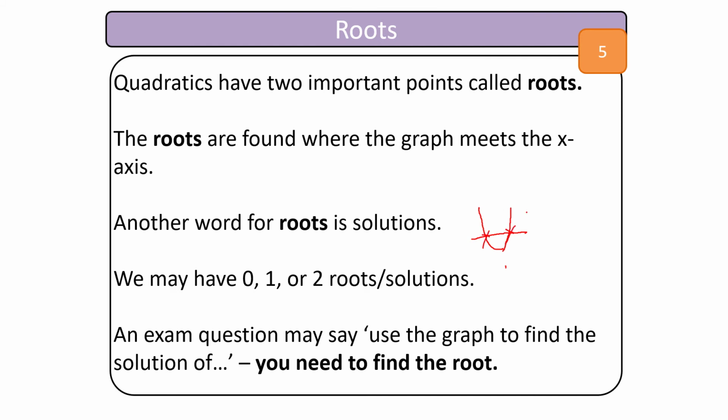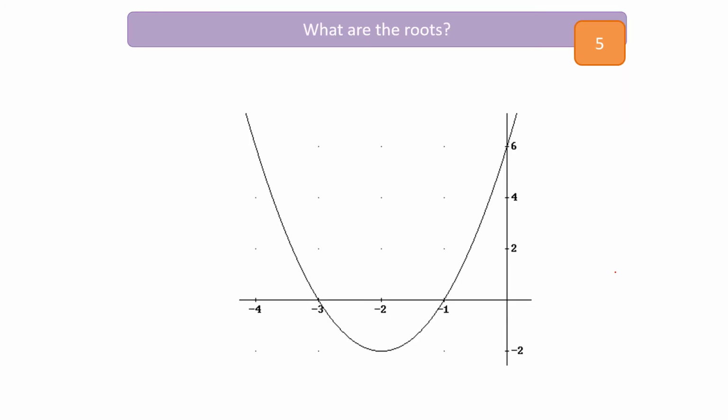It's going to cross the axis twice. So I'm just going to draw that line there. Now, it could actually just touch like that. So that's got 1 root. And you can get a quadratic like that, so it doesn't cross, so that's got 0 roots. And that should be perfect for you.